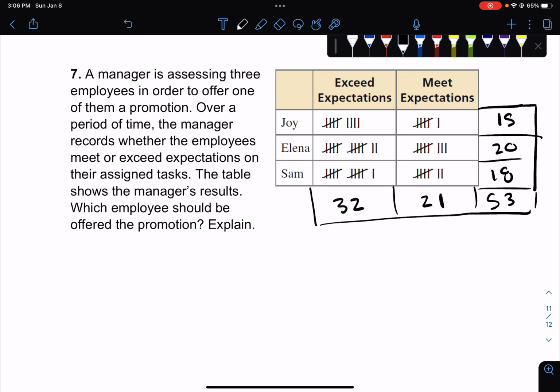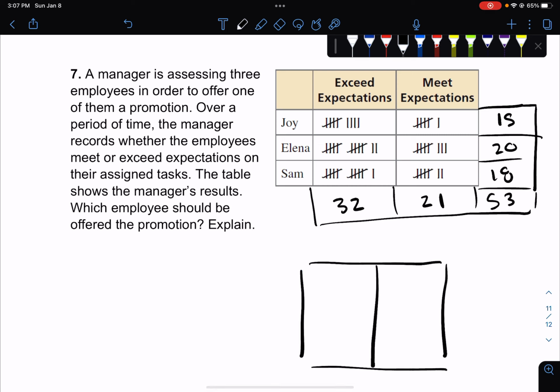Joy had less exceeding, but she also had less total. So instead of looking at just the raw numbers, let's look at the percentages out of the total. We're going to make the relative frequencies of all of these numbers.